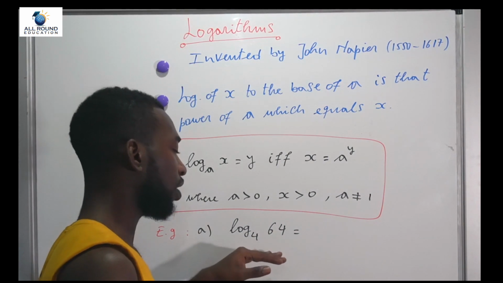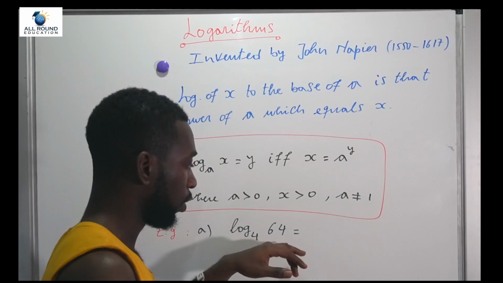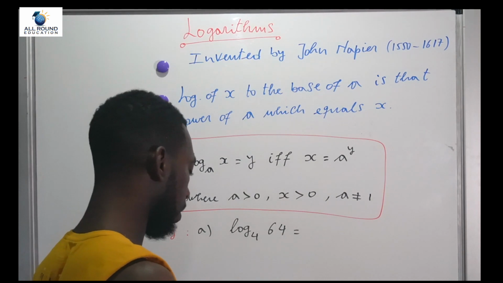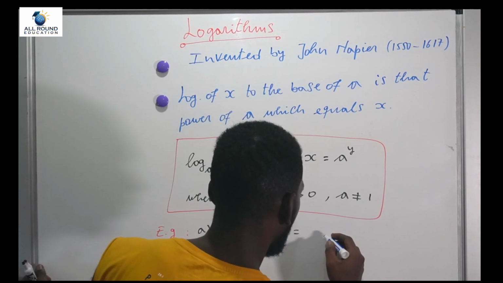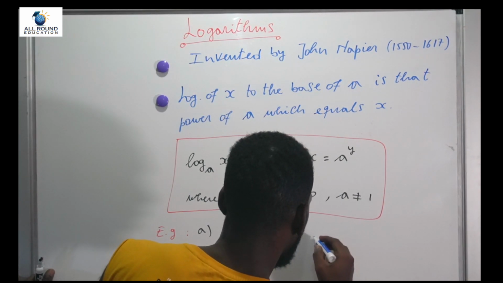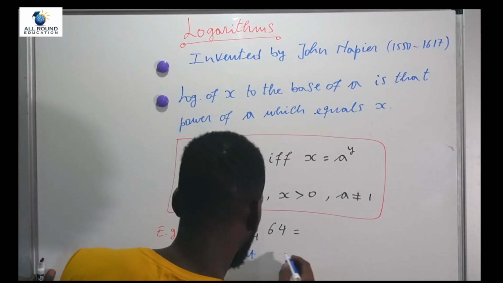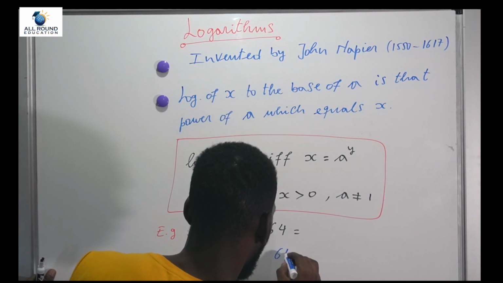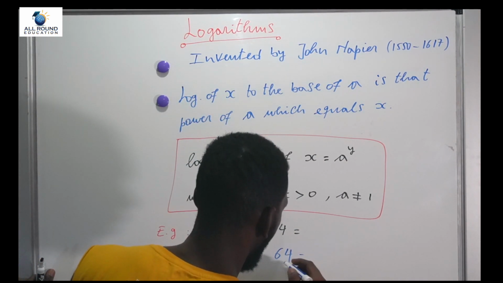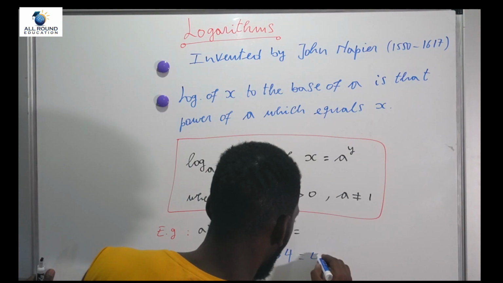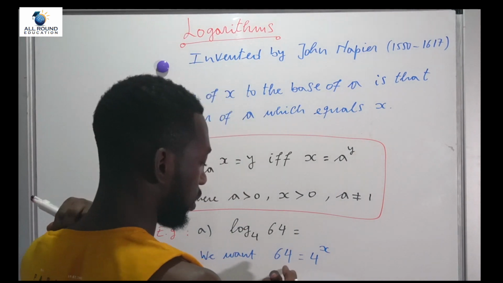So what we are after here is a number that we could raise 4 to, to get 64. So we want 64 to equal 4 to some x.